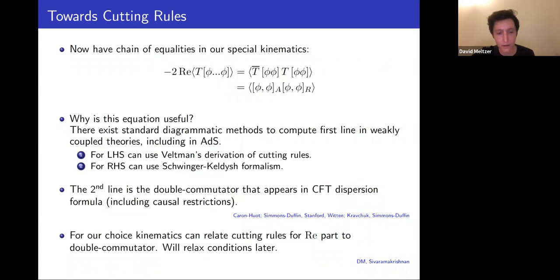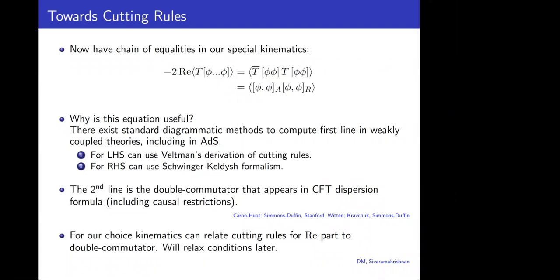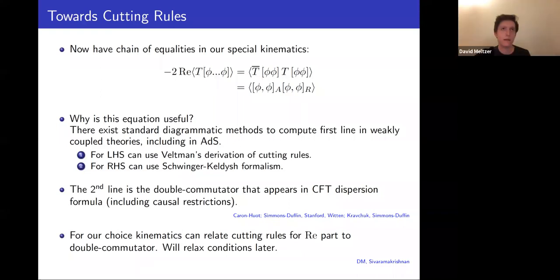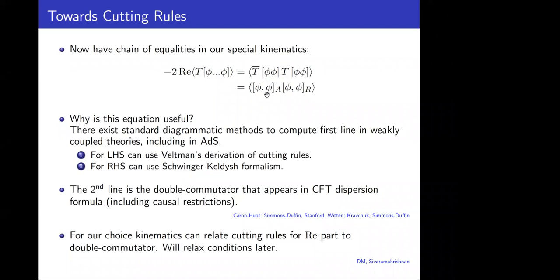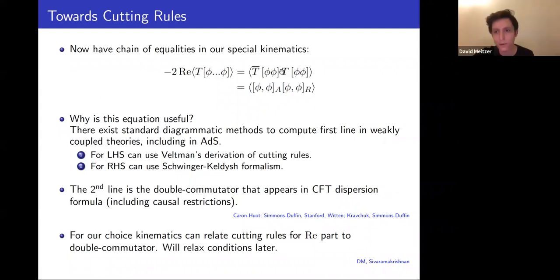What's going to be nice about the double commutator is, well, at this point, it's mostly that it appears in the CFT inversion formula. I don't have intuition for why it had to be the double commutator that appeared, but this relation is very suggestive. But I don't have anything concrete.